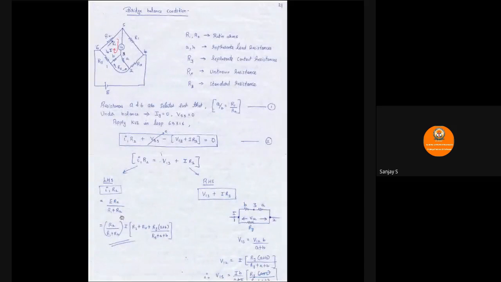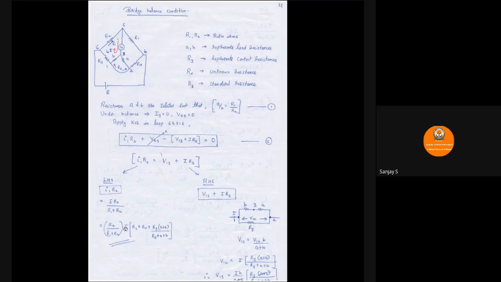Now I'll bring back LHS and RHS and equate them. If you refer to this, you have your LHS: R2 by (R1 plus R2) into I multiplied by R3 plus Rx plus Ry into (A plus B) by (Ry plus A plus B), because we have a parallel combination of Ry and A plus B that will be appearing in series with R3 and Rx.